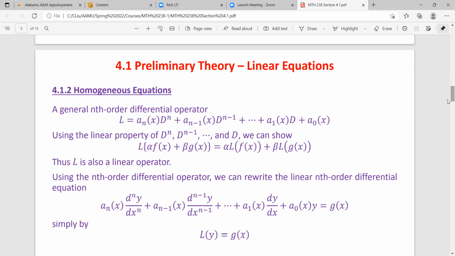So you can see the whole equation simplifies to a short notation, but not just that. This is just one of the advantages. We just put all those coefficients and derivatives in one operator, and this operator is applied to the function y, and the result is g of x. So this is the differential equation.